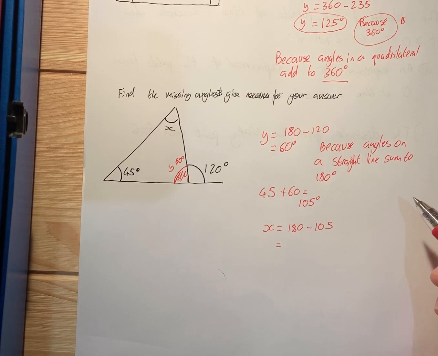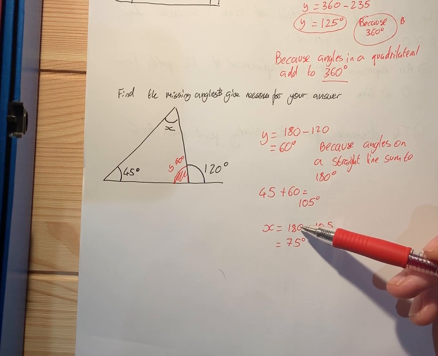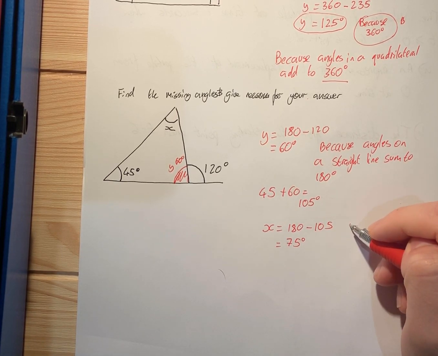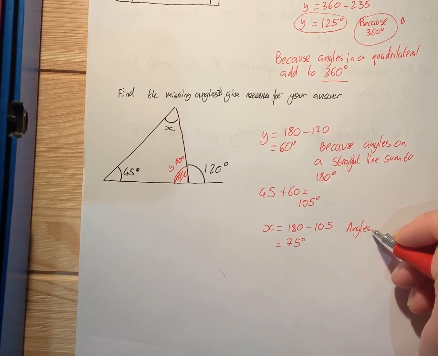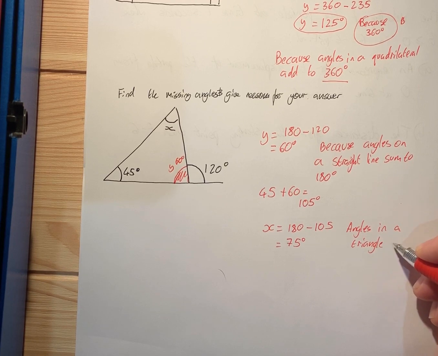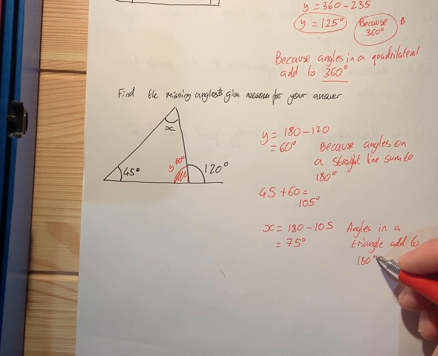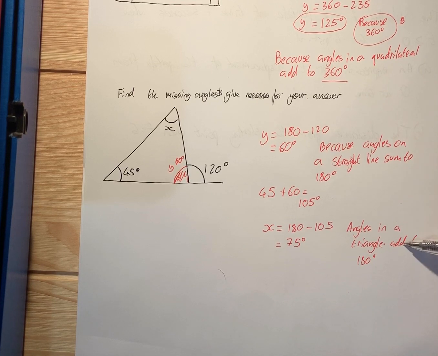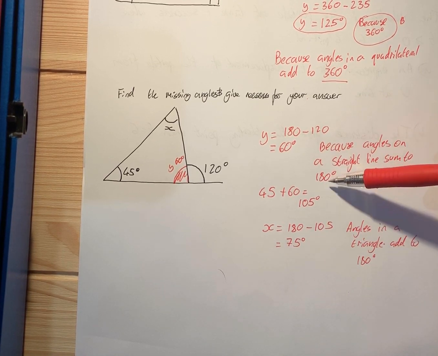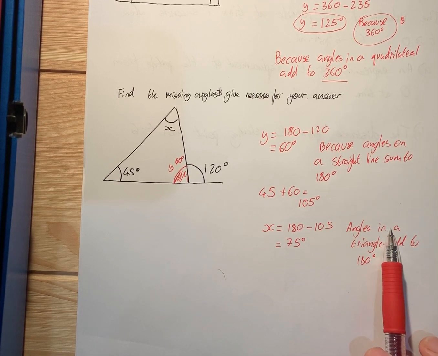That gives me 75 degrees. Now, the reason I was able to do that is angles in a triangle add to 180 degrees. So make sure you've got two reasons, and both of your reasons have got 180 degrees. This one should have straight line. This one should have triangle.